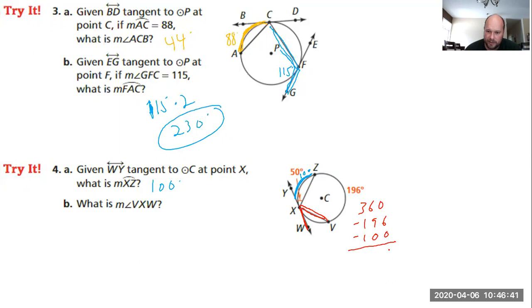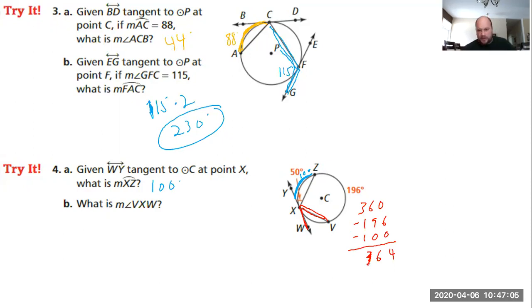Well, that would give us a total of 164. No, that's too much. Just 64, I believe.